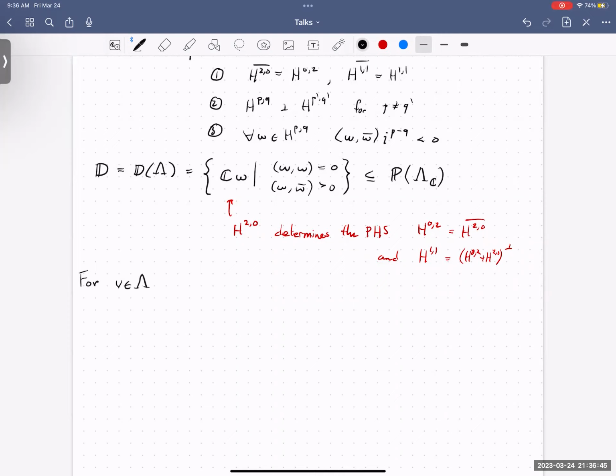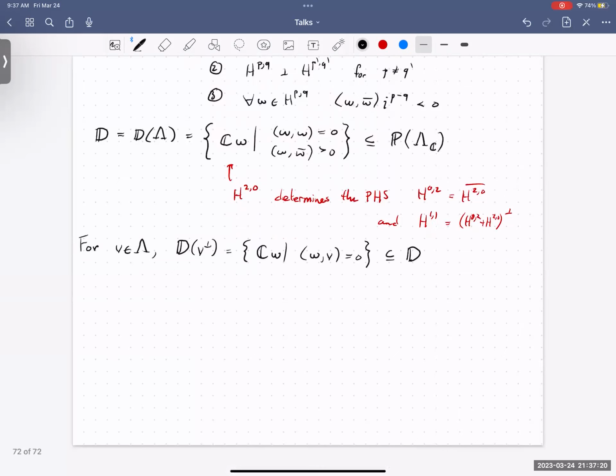For each vector v in my lattice Lambda, we can define D of v perp, which is just the set of C omegas such that omega is perpendicular to this lattice vector v. And this is a hypersurface, a linear section of this domain D. If we want it to be non-empty, we're going to need this vector to have negative self-intersection. That's just sort of a technical point.